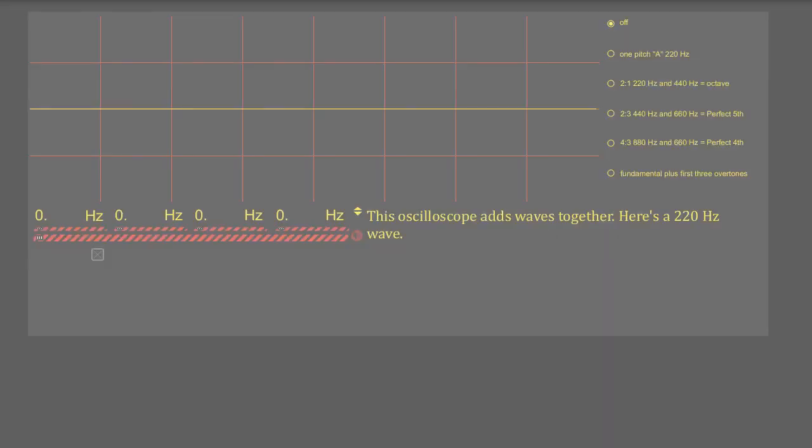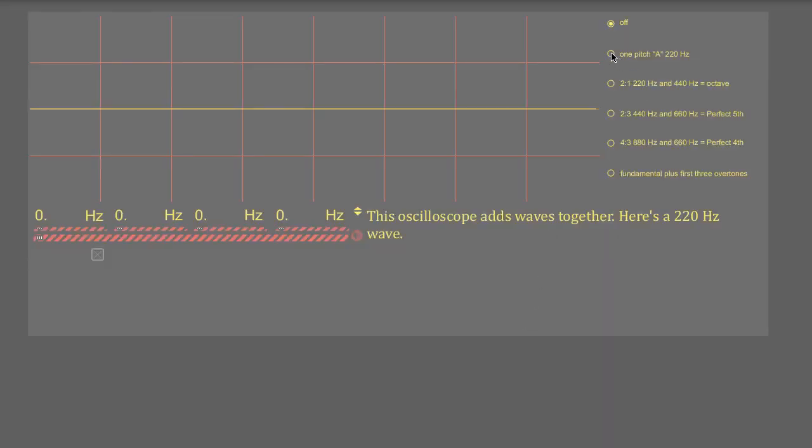Let's take a different kind of oscilloscope that adds waves together and look at that to discover more about just intervals, which form simple whole number relationships like 2-to-1 for the octave, 2-to-3 for the perfect fifth, etc. This oscilloscope adds waves together.